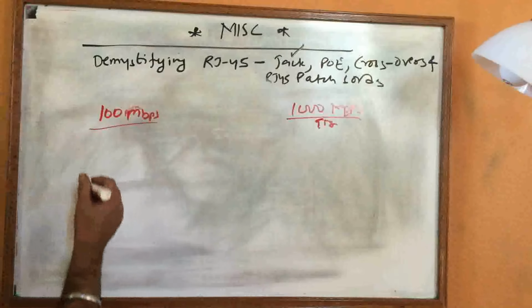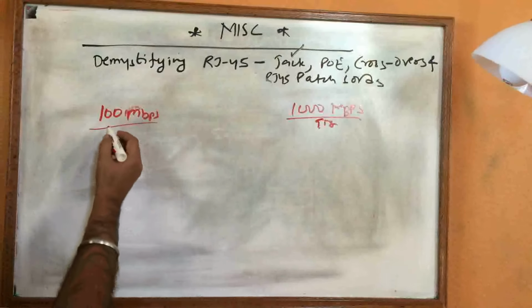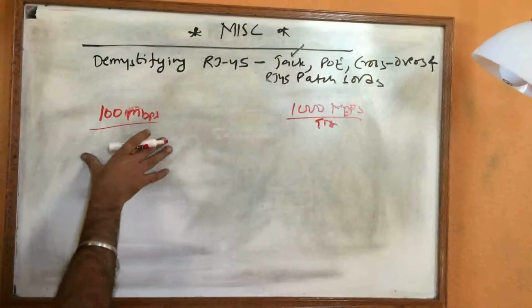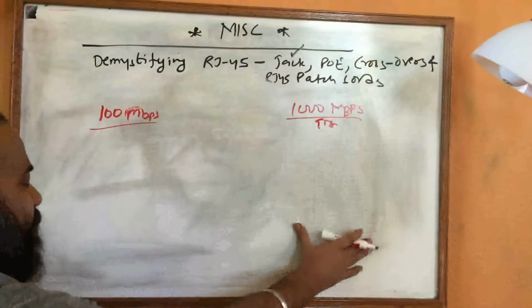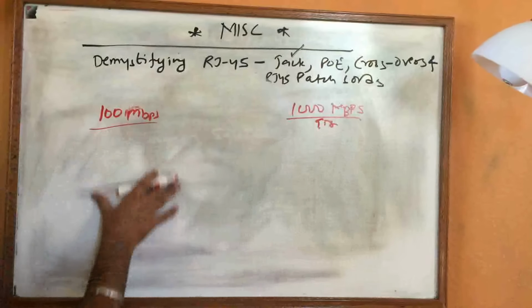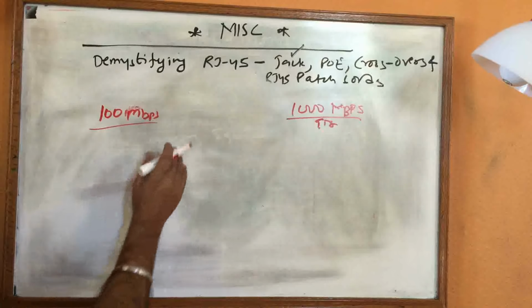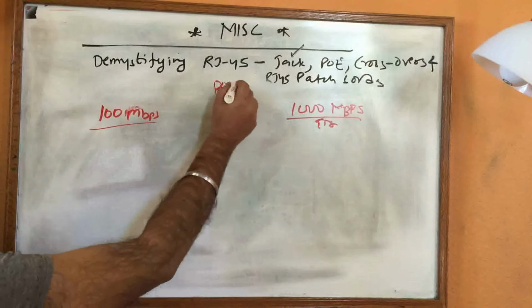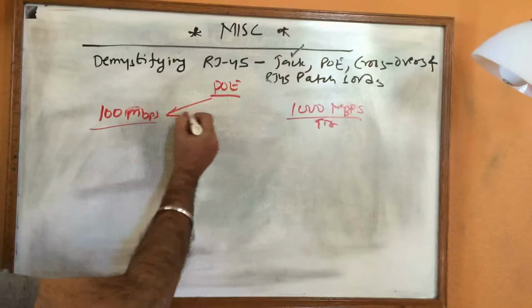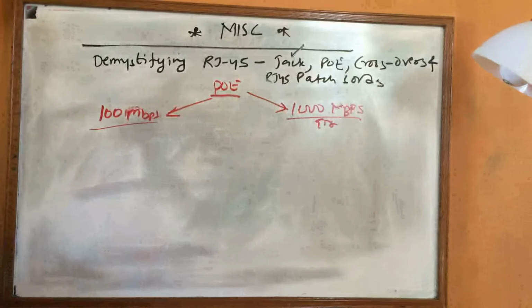As I was explaining last time, the 100 Mbps network configuration is a little different from the 1000 Mbps connection from the pin configuration standpoint. Obviously PoE also gets affected: how PoE is transferred for 100 Mbps connections and how it is transferred over 1 gig connections.